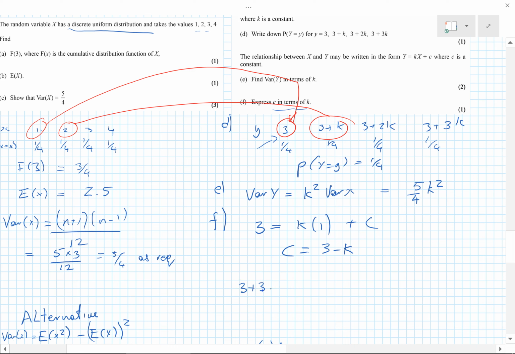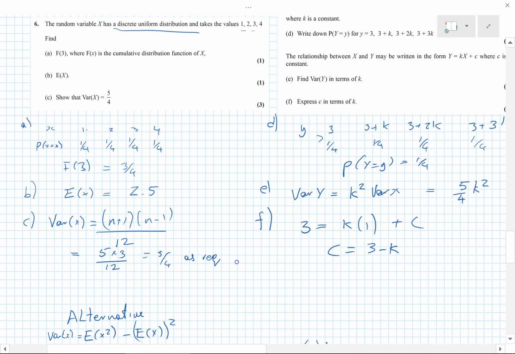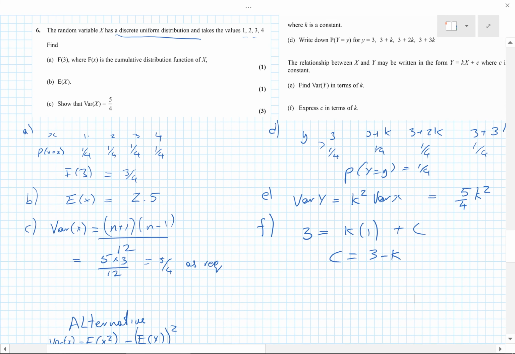So you'd write 3 plus 3k is equal to k times 4, plus c, and you'll get the same answer. It doesn't really matter which one you choose because each one corresponds to the one from the original distribution.